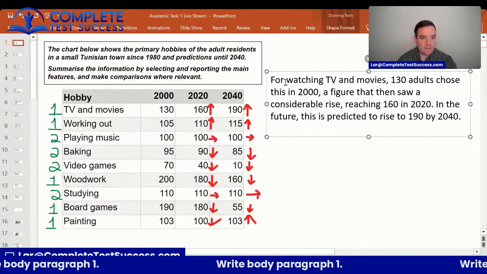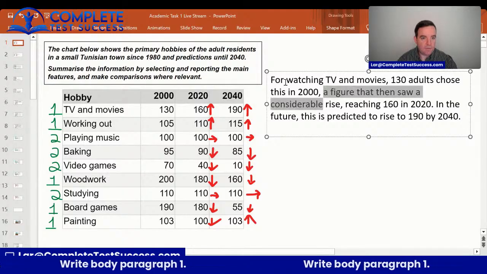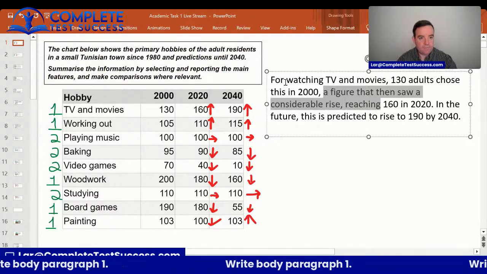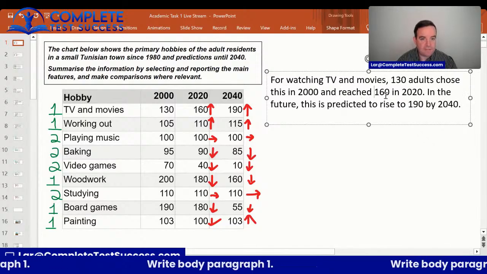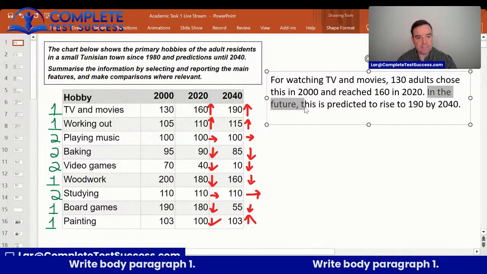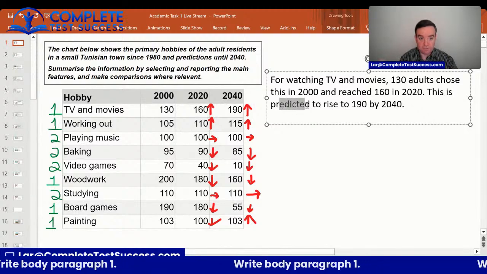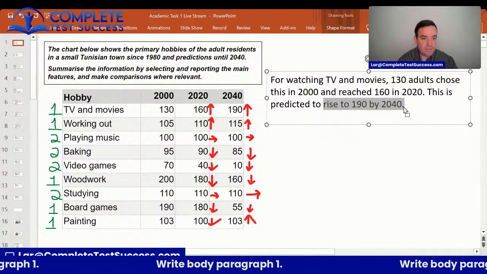This figure then saw a considerable rise and reached 160 in 2020. And then "in the future" is unnecessary, because we already know the prediction is for the future. So this is predicted to rise to 190 by 2040.